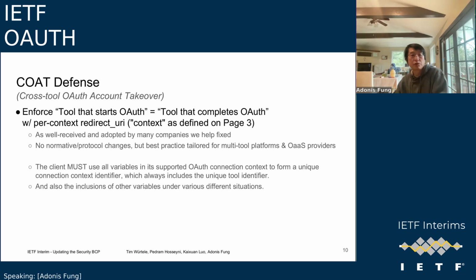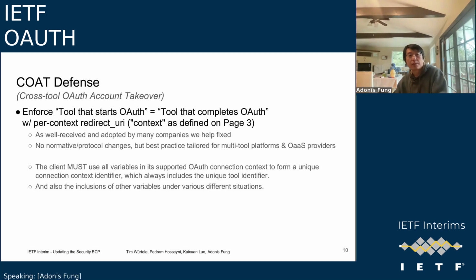Now, in order to make a defense, the high level idea is that we want to ensure that the tool that starts OAuth, which is at the auth endpoint, the system should know that this is the tool that starts OAuth for the linking purpose.